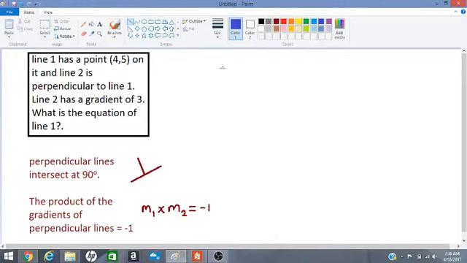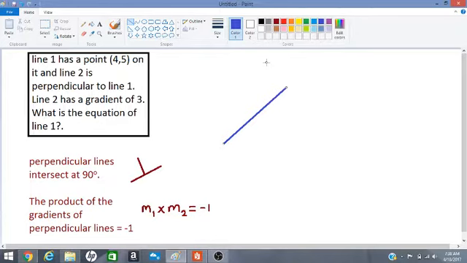Let's do a little sketch of the situation in this question. Line 1 and line 2 are perpendicular to each other, and line 2 has a gradient of 3. I'm drawing line 2 like this, slanting in this direction, because positive gradient lines all slant in this direction.